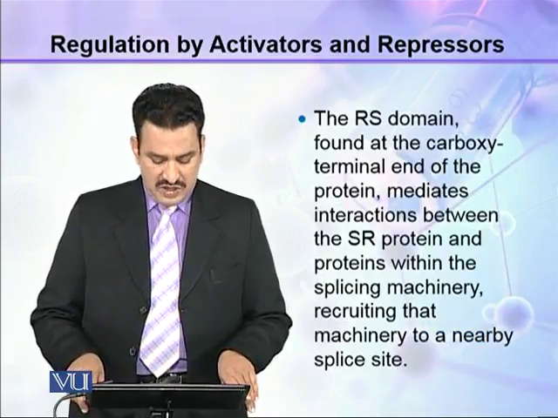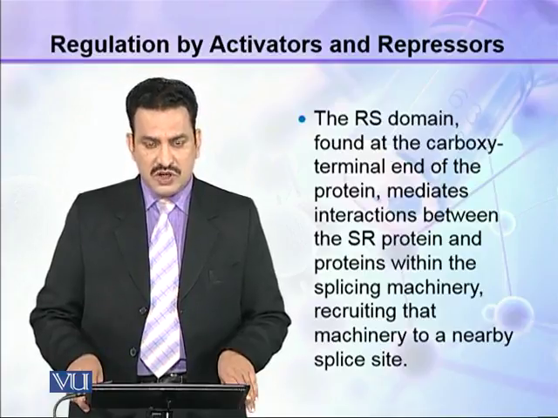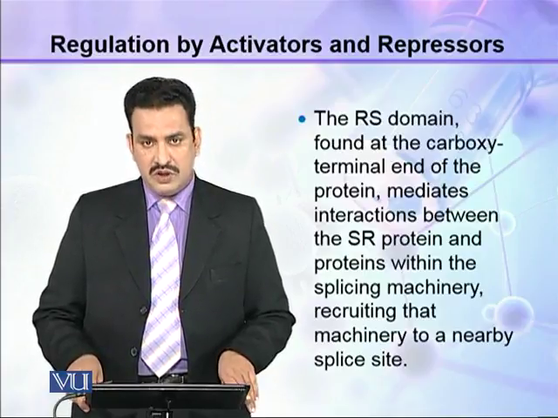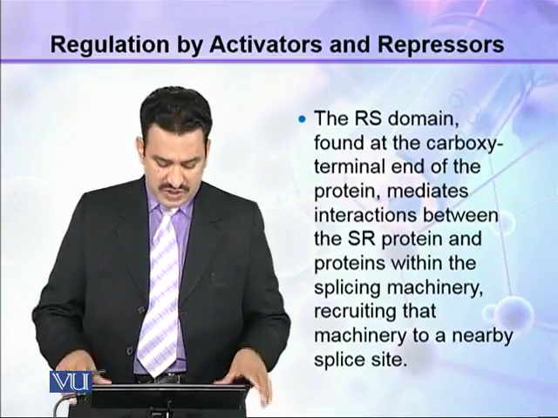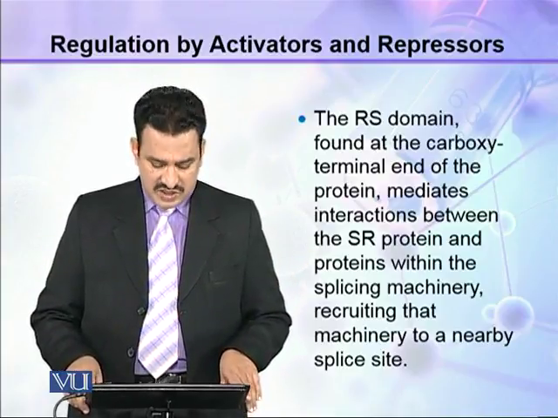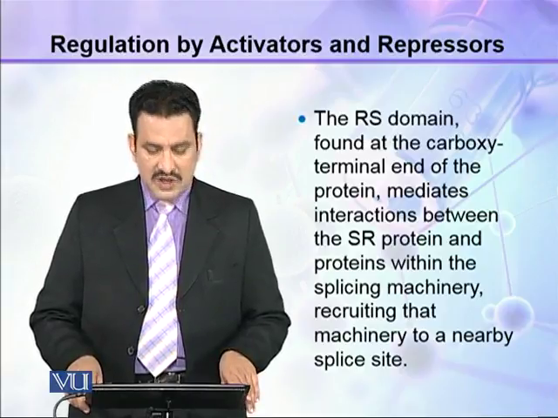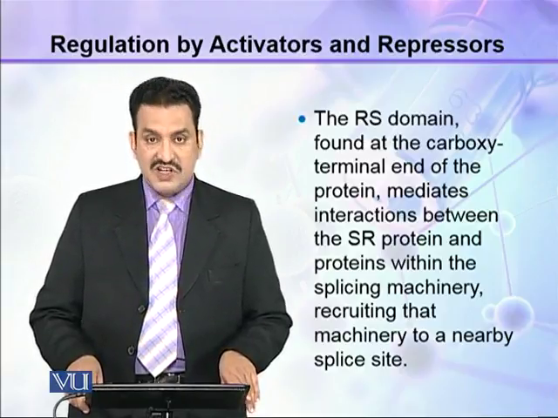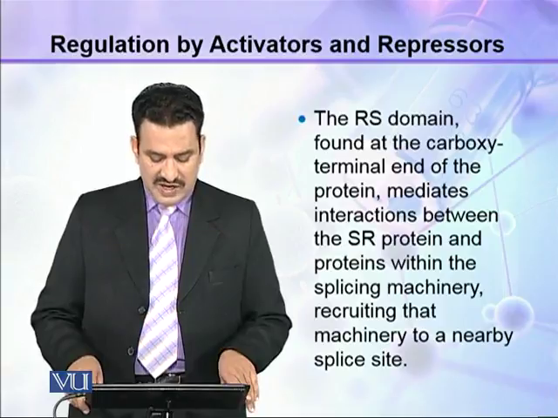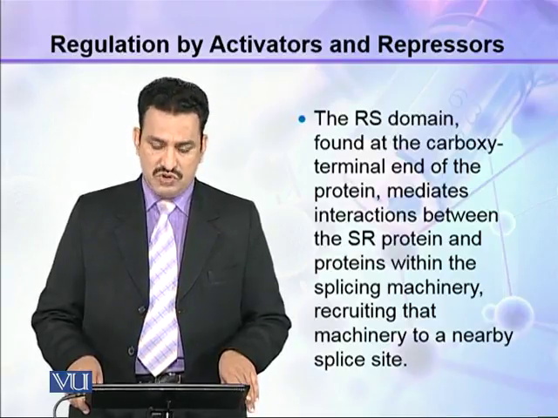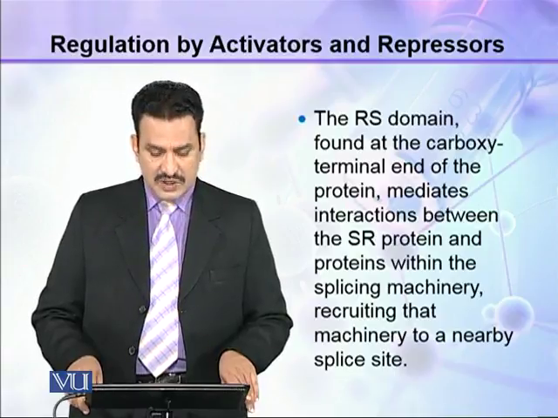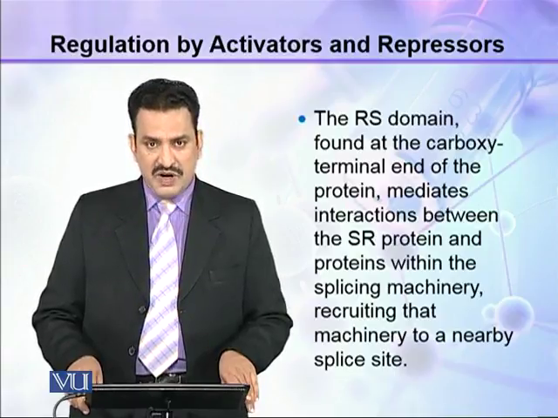The RS domain, found at the carboxy terminal of the protein, mediates interactions between the SR protein and the proteins within the splicing machinery, recruiting that machinery to a nearby splice site.